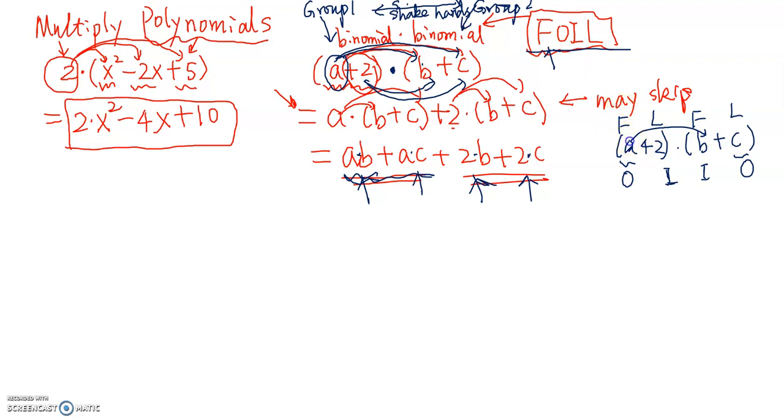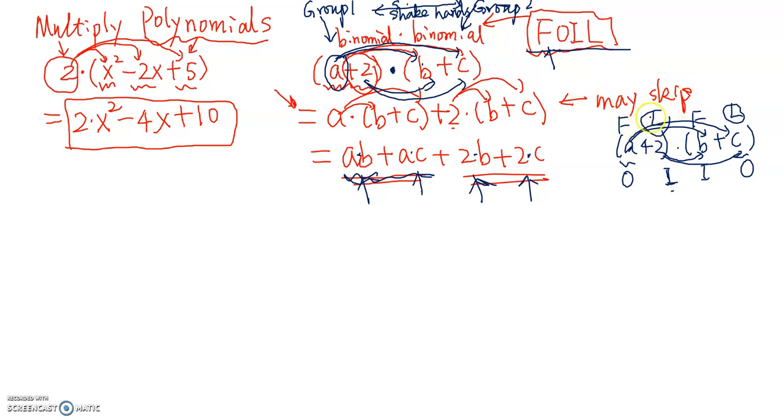And then when you do A times C, it's like doing out times out. So it's O there. And when you distribute 2 to B, it's like doing in times in. And then when you do 2 times C, it's also last times last. So that's what the name comes from. If you learned this before, I think you can stick to this way.